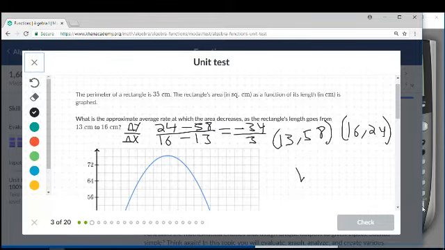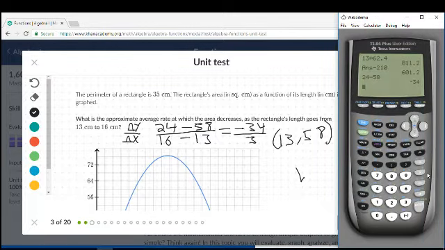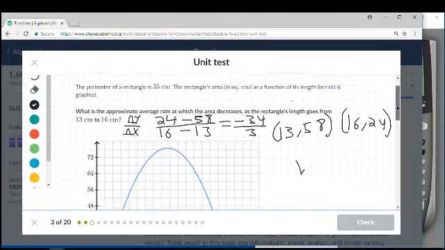So that's negative 34 over 3. And divide this by 3. I think in the math fraction to get the most simplified fraction, so it's going to be negative 34 over 3.